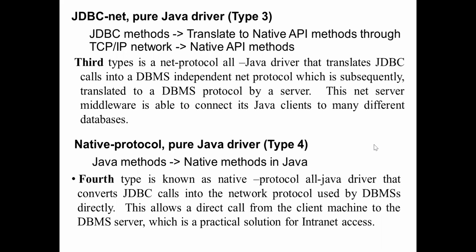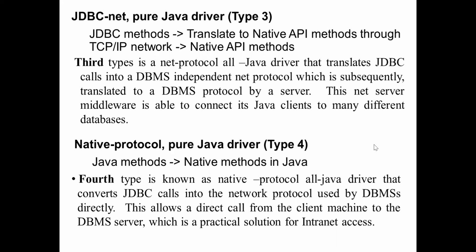This type of Java driver allows a direct call from the client machine to the DBMS server, which is a particularly good solution for internet access. This is very important when we have to access information from the client machine.